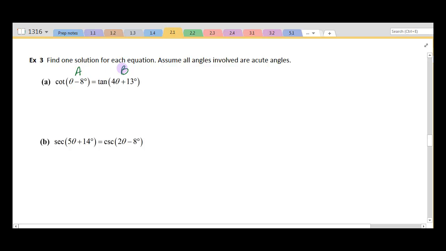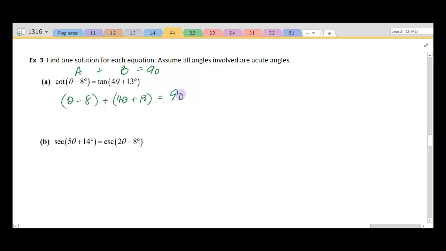And if I know that complementary angles add together to give me 90 degrees, then I can just take what's here in parentheses, what I'm letting be represented by A, which would be theta minus 8. Add that to what is B, which is 4 theta plus 13, and set that equal to 90.